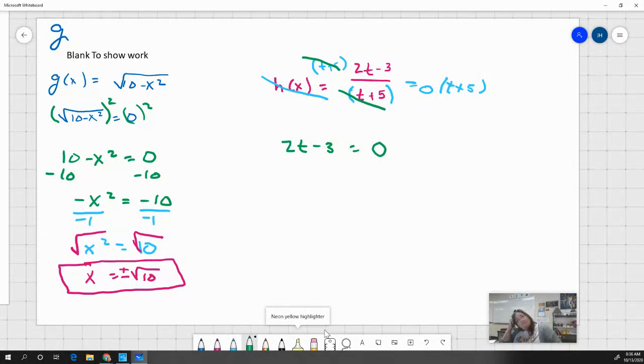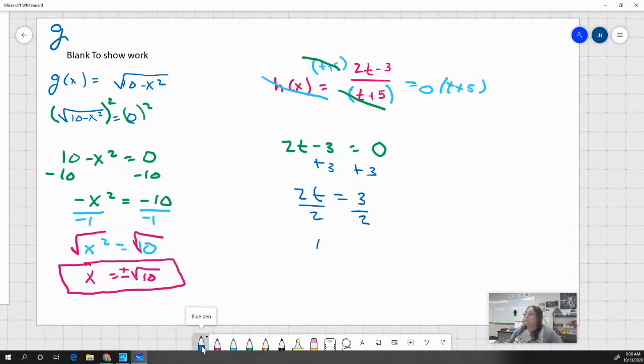So now all we have to do is actually solve for t, which I know you guys know how to do, right? We're going to add 3 to both sides, and we get 2t equals 3. And then we're going to divide by 2, and we get t equals 3 halves.